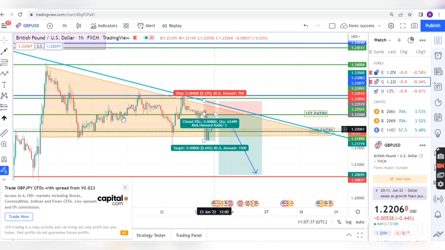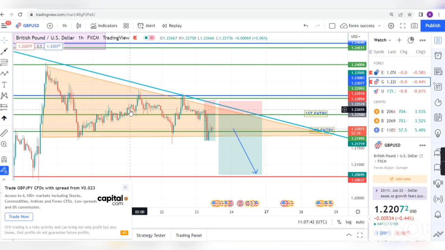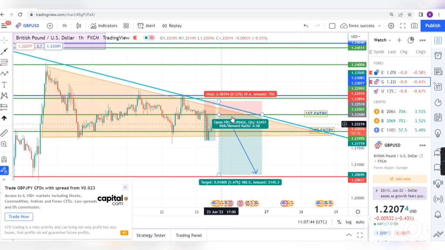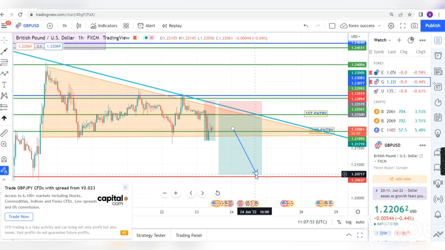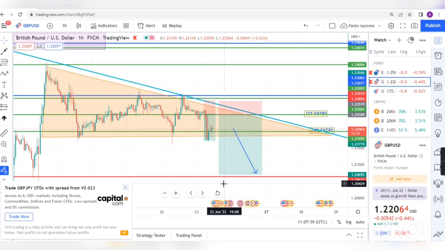Two things are involved right here. We can see the price move to the previous resistance level, which the market actually broke, then come all the way down to the downside. But if that doesn't happen, we're going to be expecting the retest to end right here, and then the price continues to move to the downside.